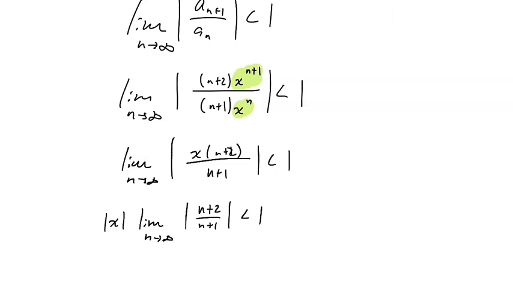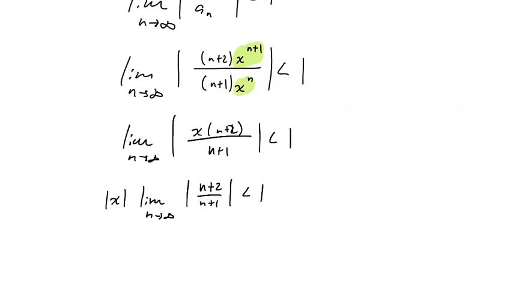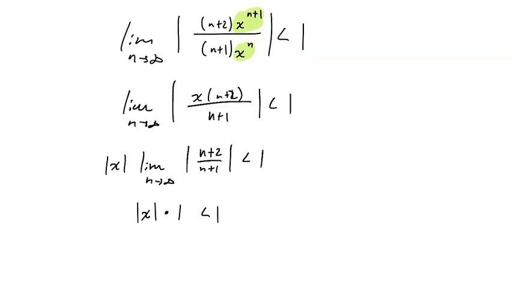So that limit is going to go to 1. So really what I have is the absolute value of x times 1 needs to be less than 1. So in order to take care of this, I can write -1 < x < 1. So this is my interval of convergence.